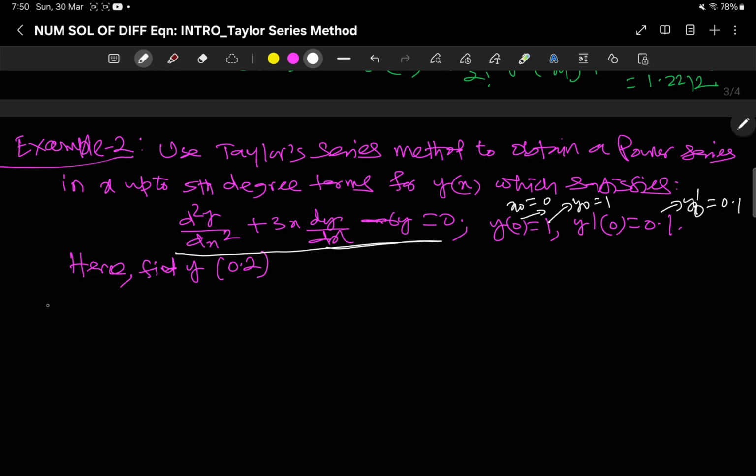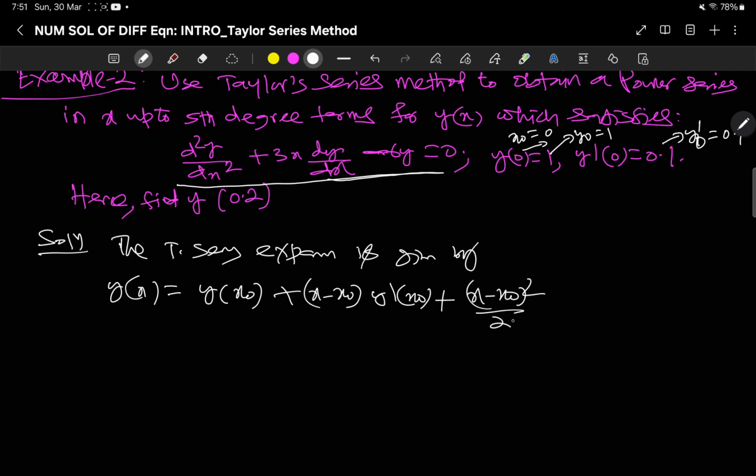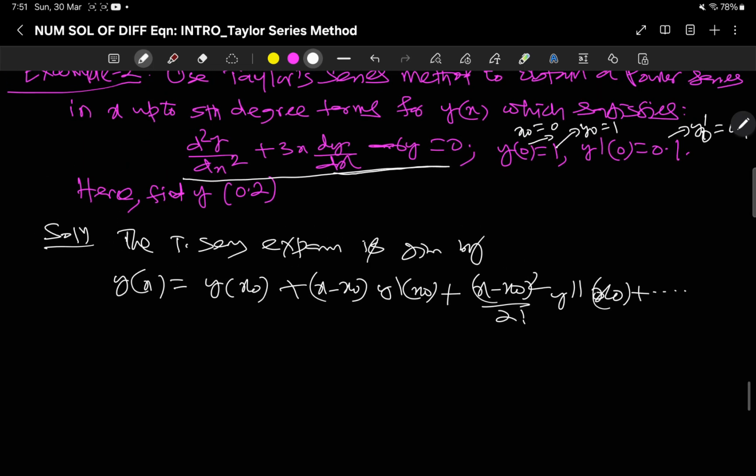Okay, so the necessary formula is the Taylor series expansion. Taylor series expansion is given by y of x is equal to y of x0 plus x minus x0 y dash x0 plus x minus x0 square by factorial 2 y double dash x0, and so on. So now let us compute. We are given what?